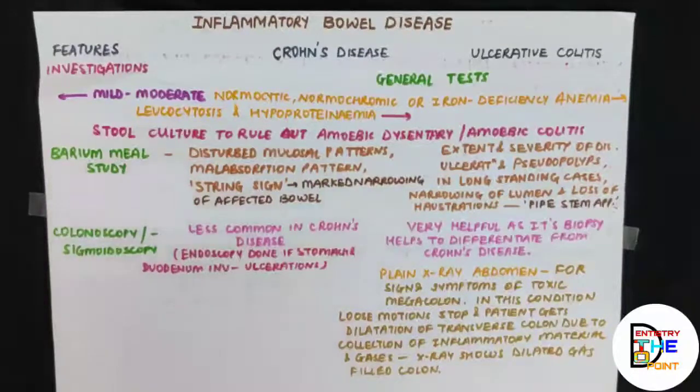So if you have to investigate Crohn's disease in the upper GI tract, you do a barium meal study, where a white chalky solution containing barium is drunk by the patient, and when it coats the intestines, it is visible on the X-ray. So any anomaly in the upper GI tract is visualized then.